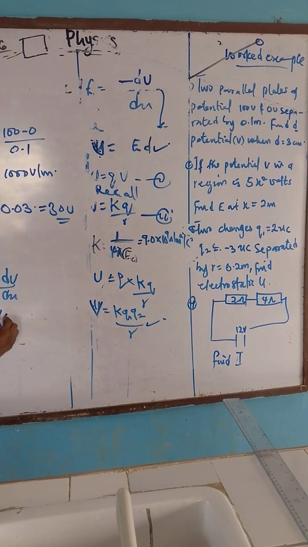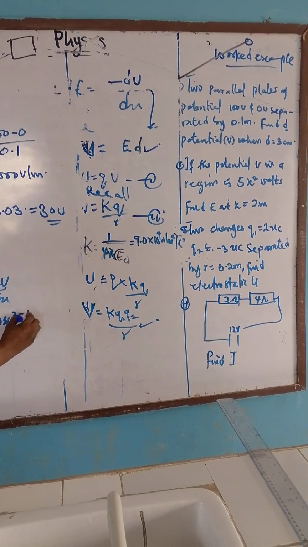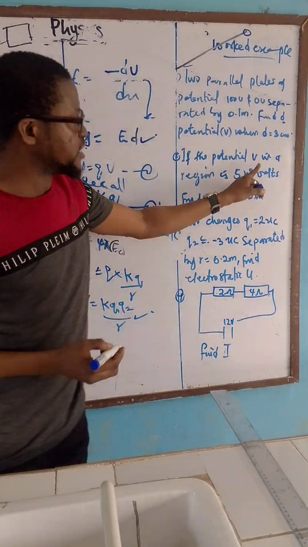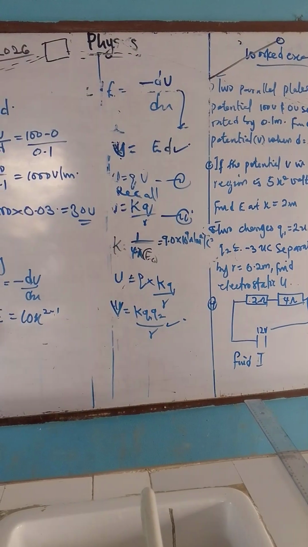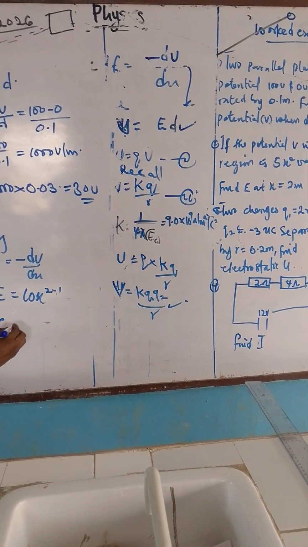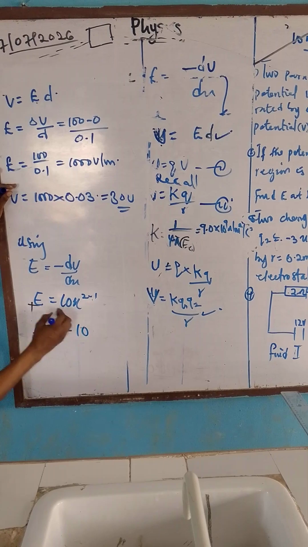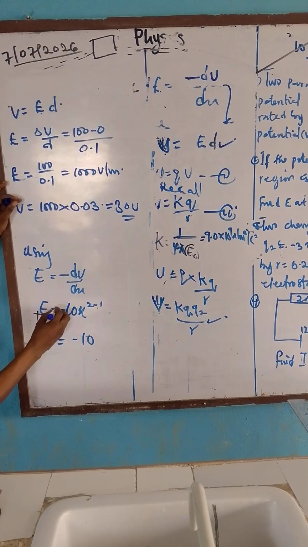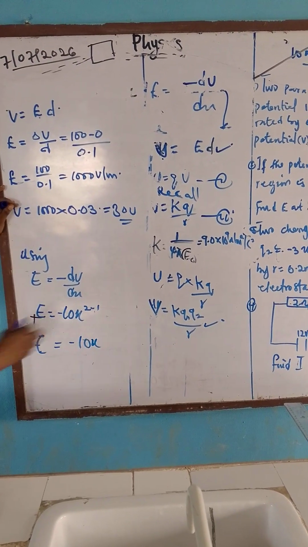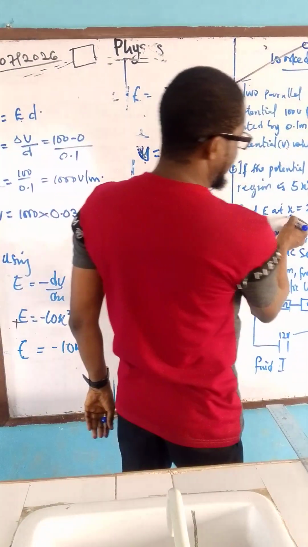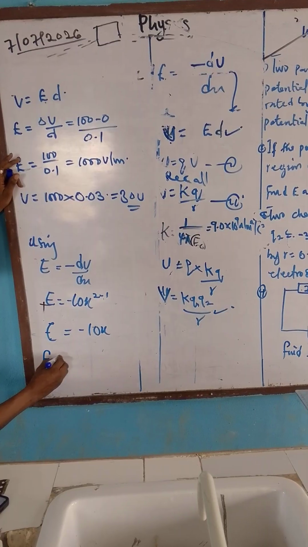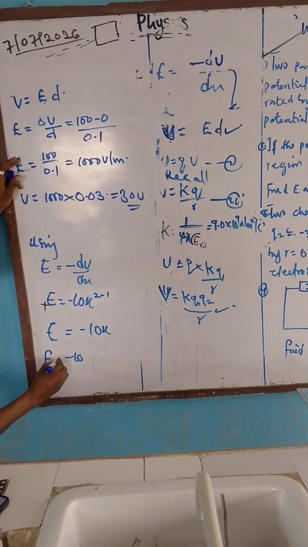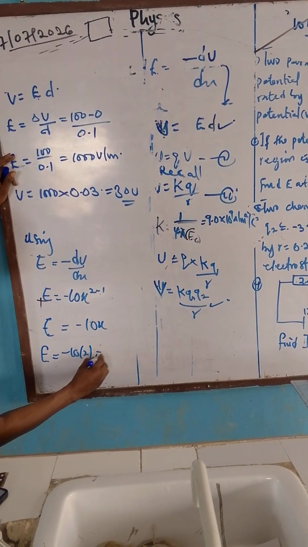So I have 10, then x to the power 2 minus 1. So you are subtracting 1 from the power after you have multiplied that power by the coefficient. So I'll be having our E equal to minus 10x. But now we say at x equals 2 meters, so our E is equal to minus 10 bracket 2, and that is minus 20.